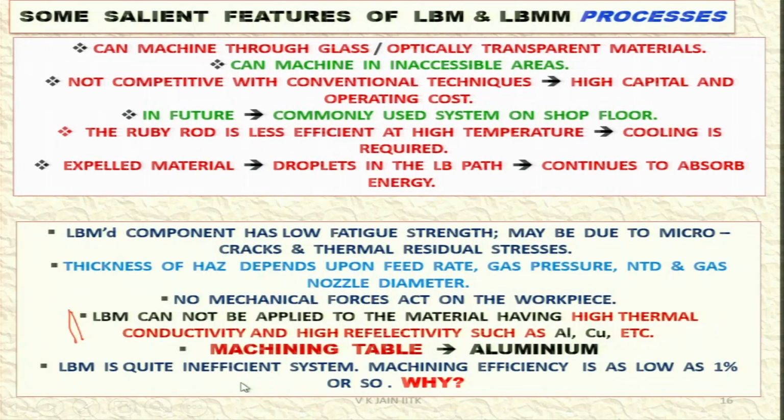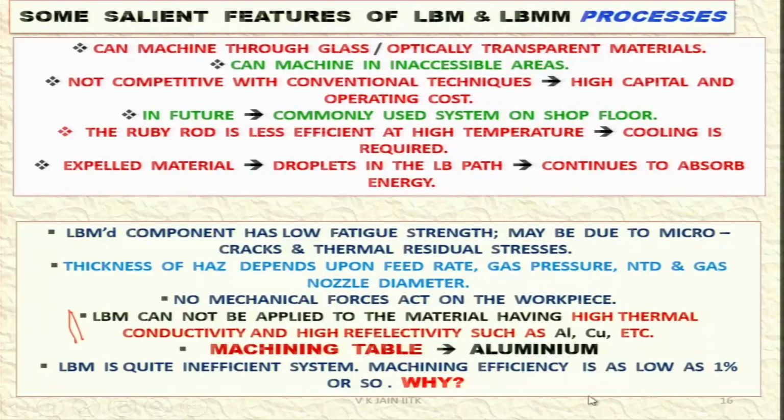LBM is quite an inefficient system, because I can tell you in many cases, the efficiency of laser beam machining and laser beam micromachining is less than 5%, which has improved now with technological development. So people are still working hard to enhance its efficiency.